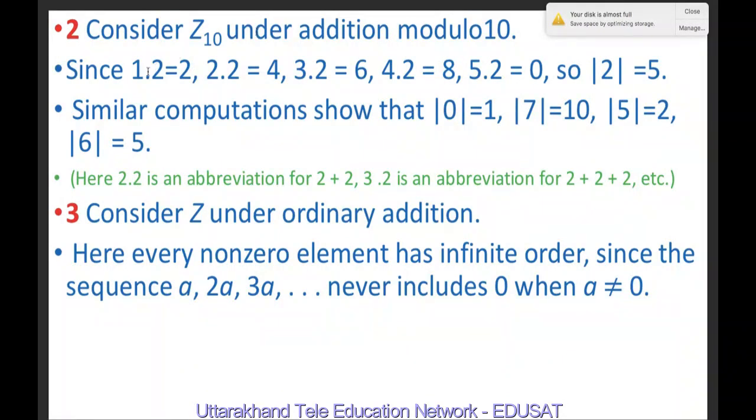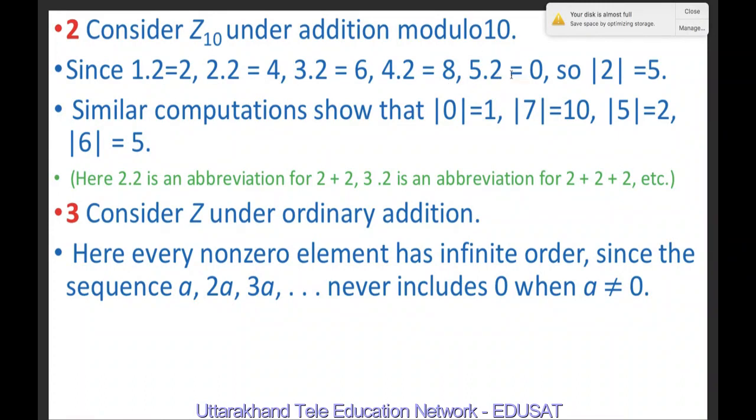In this case we will use the formula ng equal to 0, because 0 is the identity element for the set of integers. So 1 into 2 is 2, 2 into 2 is 4, 3 into 2 is 6, 4 into 2 is 8, 5 into 2 is 0.